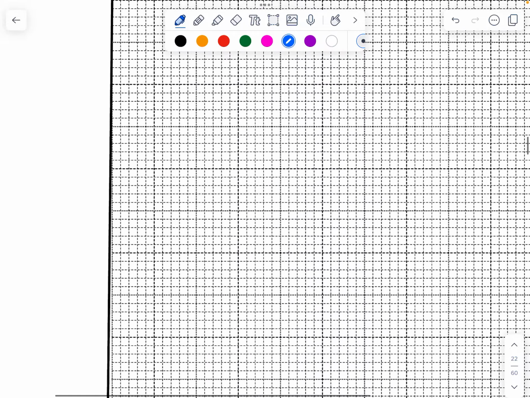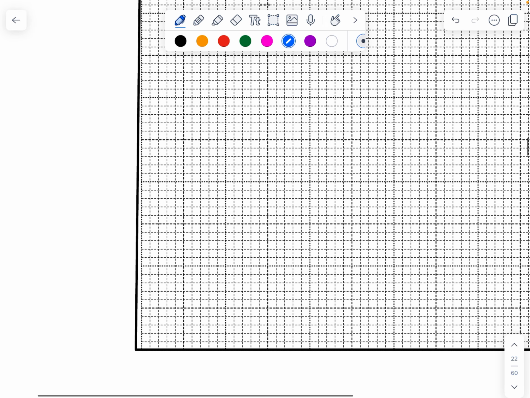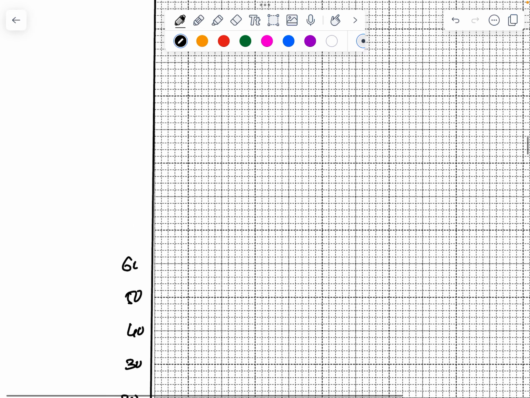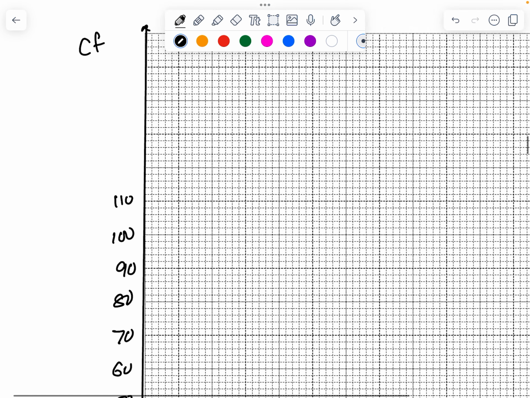So when it is 150, what I can do is take 0, 10, 20, 30, 40, 50, 60, 70, 80, 90, 100, 110, then 120, 130, 140, and 150.